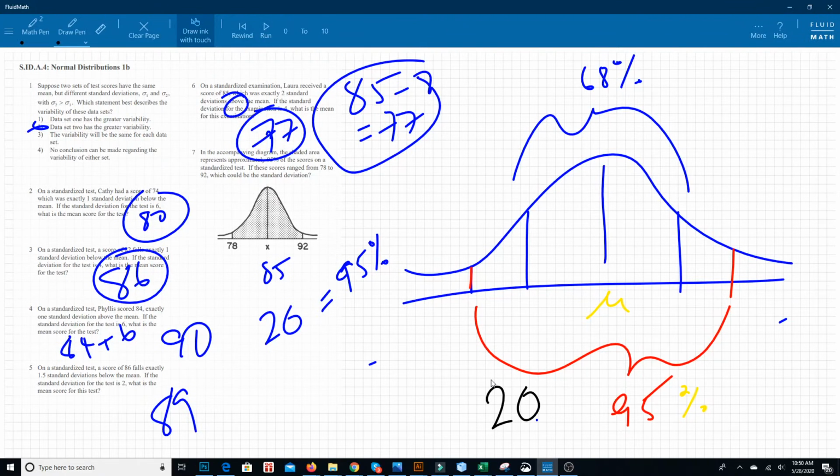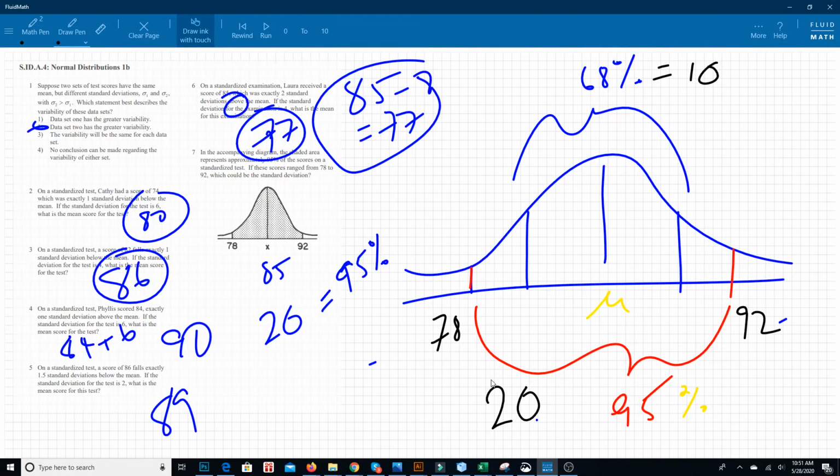Right here is 1 sigma. So you look at 95. So this is 2 standard deviations, right? So now we have scores of 78 right here, and 92 right here. So that's 2 standard deviations.